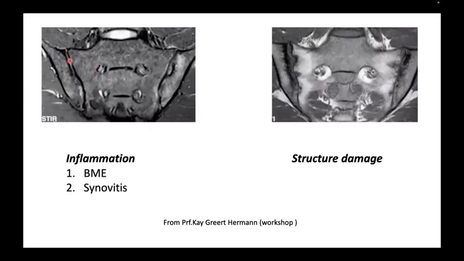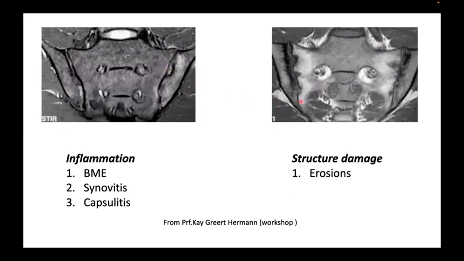This is the sacroiliac joint, and this is the hypersignal white lesion here, which represents synovitis. You can also see capsulitis, which is hypersignal white in the capsule of the joint. So it is named capsulitis. So we have 3 points of inflammation in the STIR image.